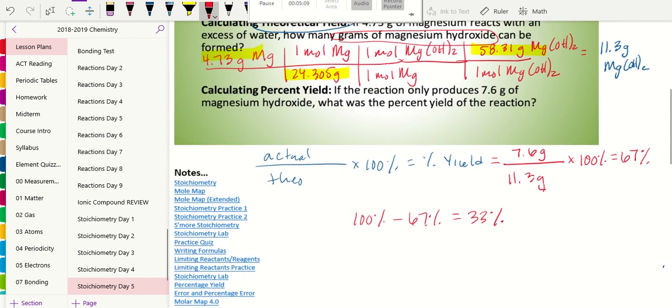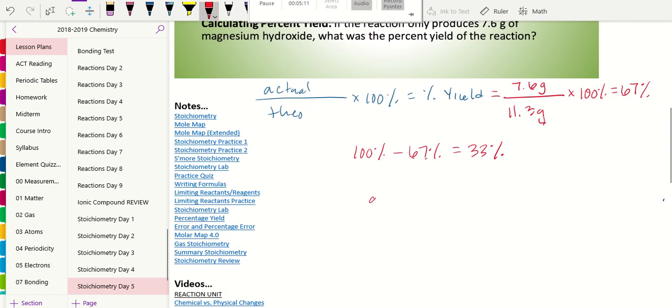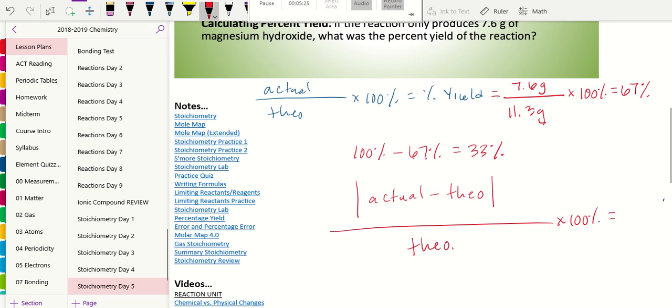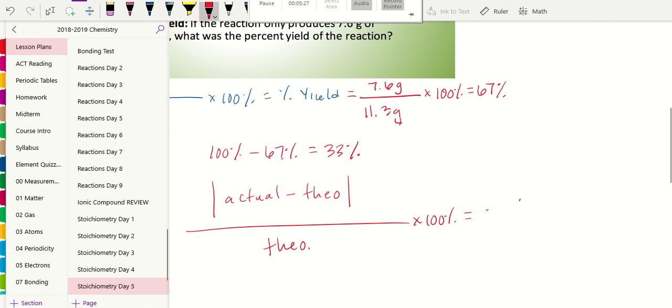Now, if I actually wanted to plug into an equation, I can find my error: actual minus theoretical. I'm going to take the absolute value of that, divided by my theoretical times 100% equals percentage error.